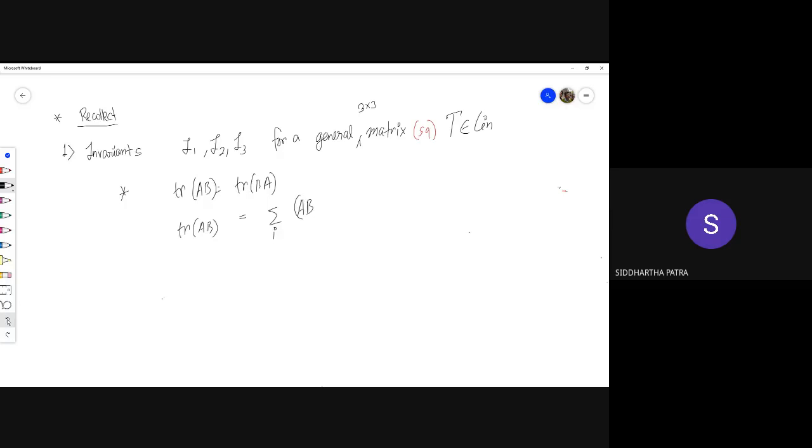If AB is a matrix C, we need to take all the diagonal terms, so i goes from 1 to 3. Simply you take the diagonal terms and add them up, and each term of AB can be obtained like this.